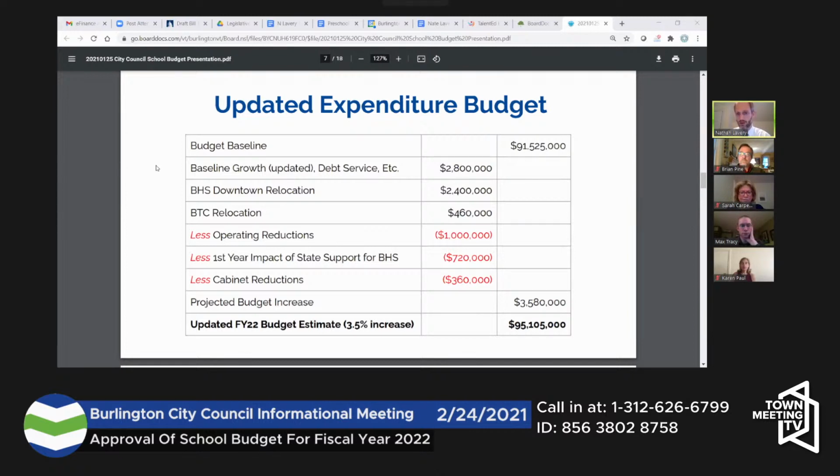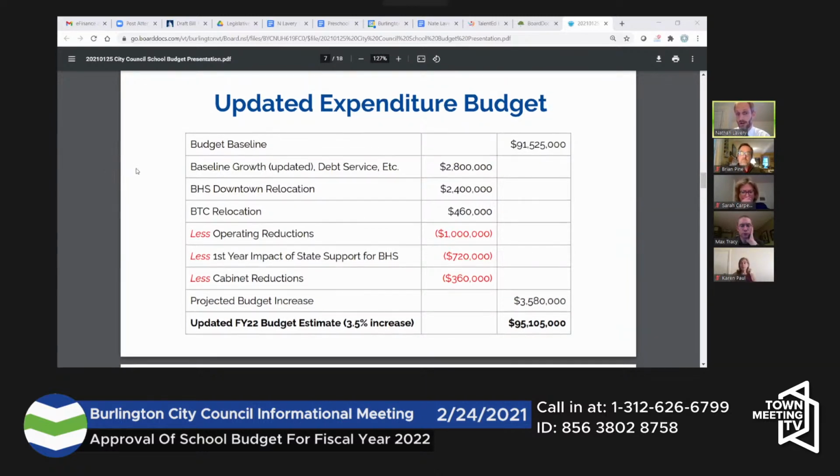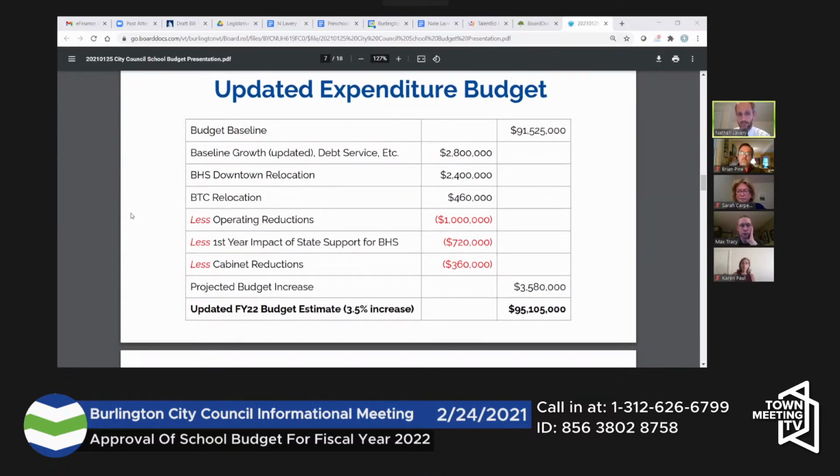So knowing that those costs were present, we made a lot of efforts to reduce spending in areas that we could control, and we sought support from the state for some of the costs of moving into downtown BHS. That support has passed the legislature, and we're just waiting on final action from the governor. So that will further reduce costs to the tune of $720,000 in the first year. The net result of all this is a budget of $95.1 million. That's the figure that appears on the ballot.